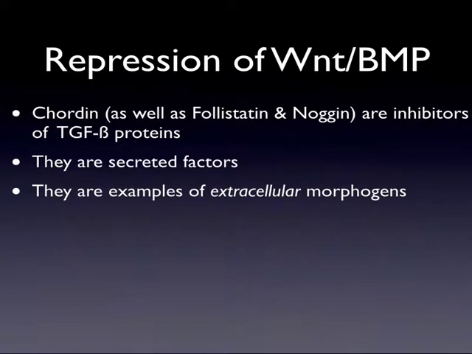So chordin binds to BMP. Matter of fact, I believe they were precipitated together when they were first discovered, because chordin has a high binding affinity for TGF beta proteins. So what's happening is you've got these TGF beta proteins being expressed, and then you've got chordin, which is tying them up and preventing them from binding to their receptors.